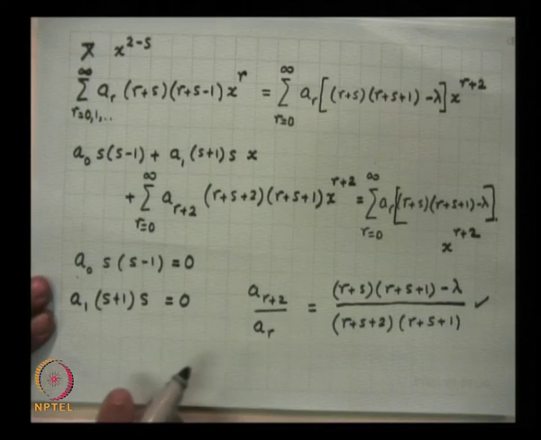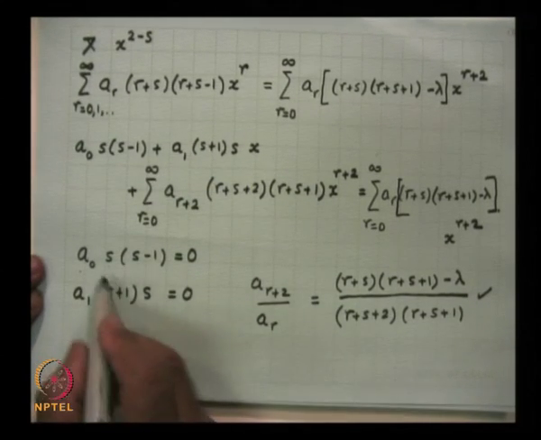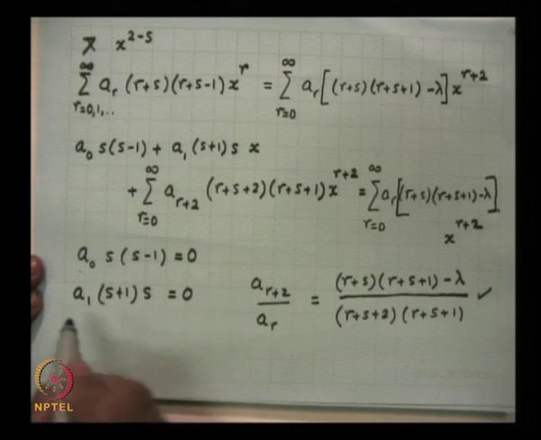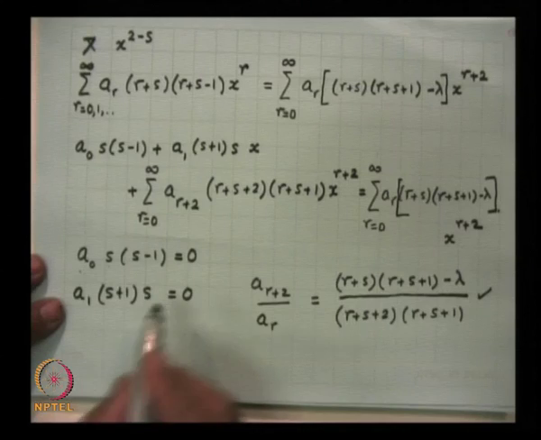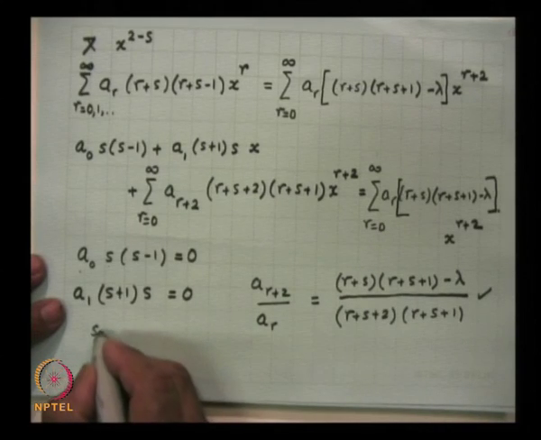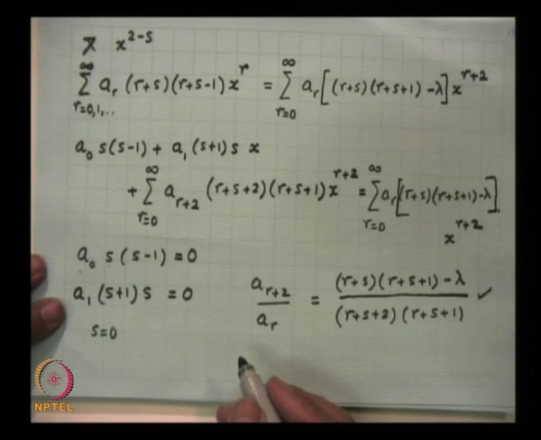So, there is a theorem in the theory of differential equations that if one of the roots makes a1 indeterminate, then that particular root, that is the root s is equal to 0, will determine both the solutions.